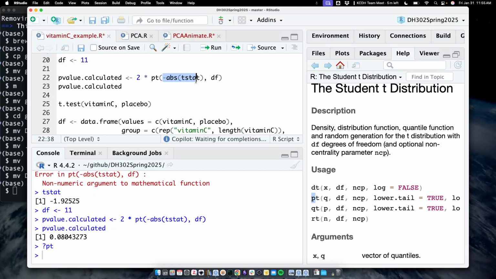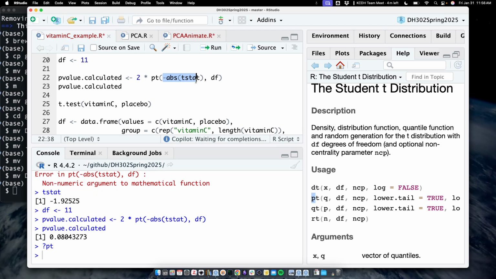That's because this particular function gives you the left area, right? So I am asking what is the area if my t statistic is at least as strong, which is in this direction. But since I did not specify the direction, I'm multiplying this number by 2 to get the right half. Is that clear what I'm doing here?